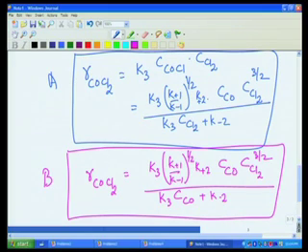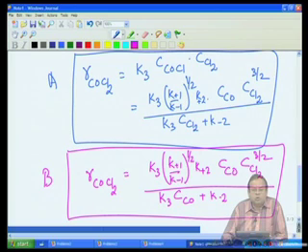If you examine these two rate expressions for mechanism A and B, one thing we notice is that the numerator is the same. It is some kinetic rate constant, concentration of CO into concentration of chlorine raised to 3 by 2, same in both cases.